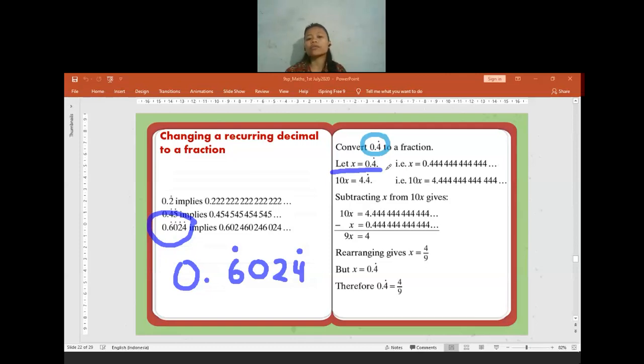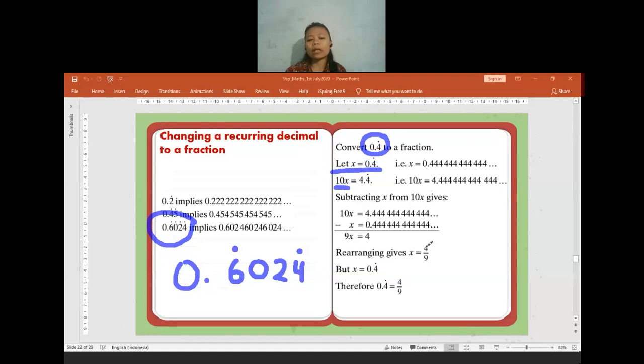If no one is confused, as you can see, how many digits are repeating for 0.4? One digit, right? When one digit keeps repeating, it means I need 10x. The number of zeros for the other x depends on how many digits are repeating.